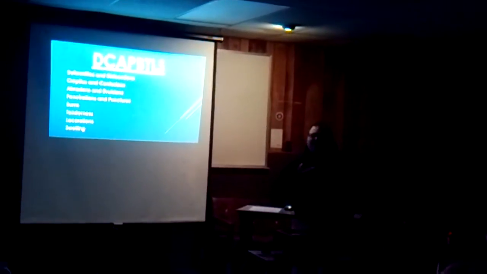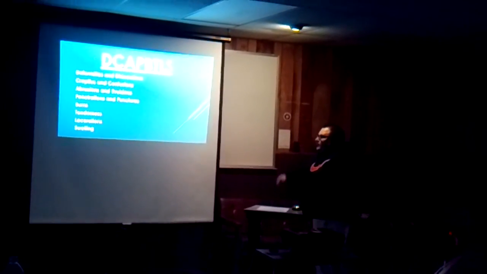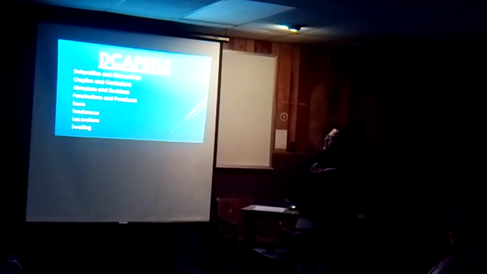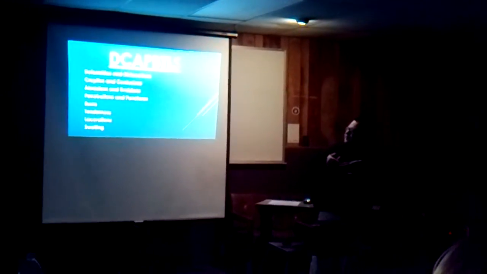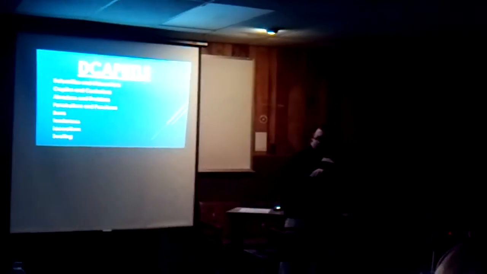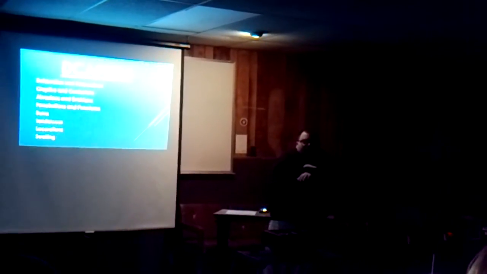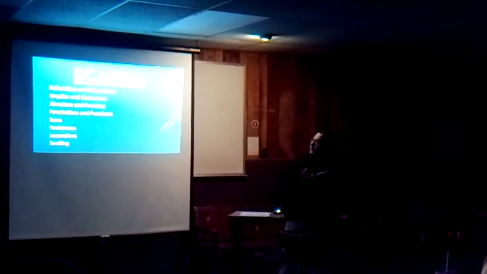Okay. DCAP-BTLS, or DCAP bottles. Deformities and dislocations. What we're looking for there is any abnormalities, like bumps that shouldn't be there. Like, do they have a bump in the midline of their forearm? That would suggest a fracture.